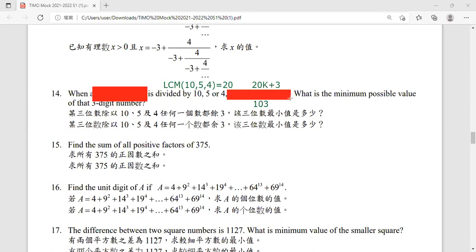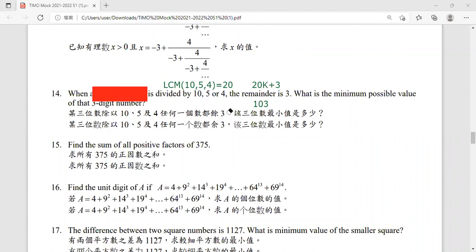If you are not clear enough, I will just omit this one first. If any number can be divided by 10, 5, and 4, then this number can also be divided by their LCM, which is 20. But I have a remainder of 3, so I add 3 to the multiple of 20.